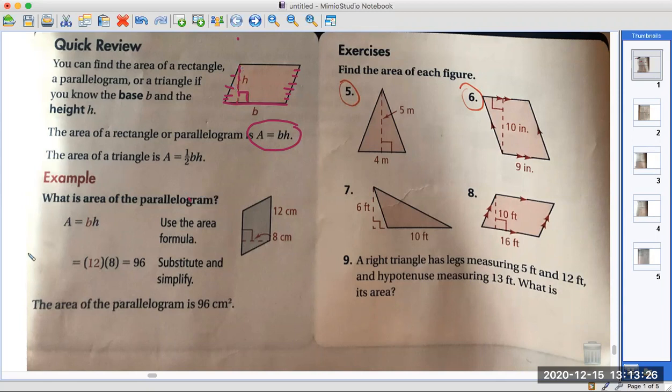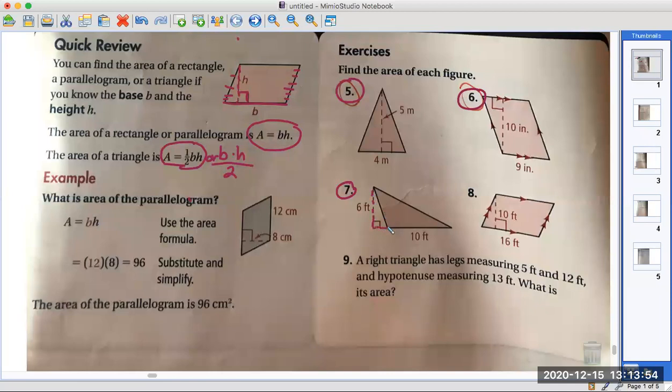Then it gives you an example and you're going to do, oh, in a triangle, base times height divided by 2. This is the one I prefer. Same thing. So you're going to do number 5, number 6, yeah, do 7. Because the height is on the outside here, which is sometimes happening if it's an obtuse triangle.